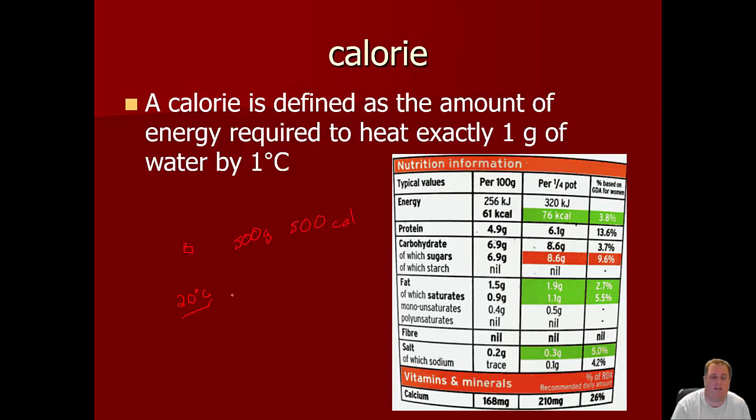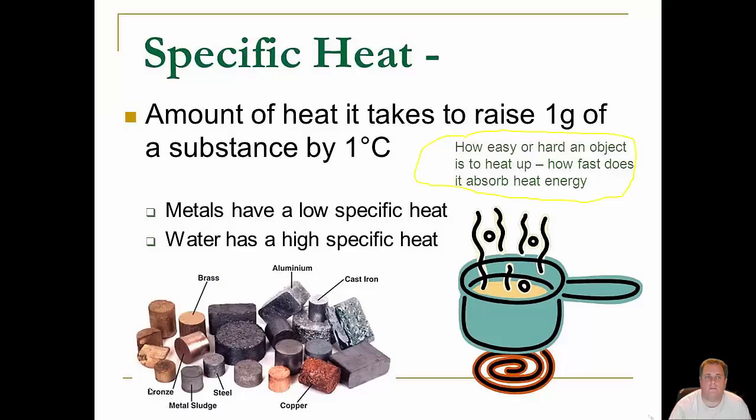Well, we had 500 grams. 500 times 20 gives us 10,000 calories that we're going to actually have to remove from that water to cool our water bottle down to 0 degrees Celsius.